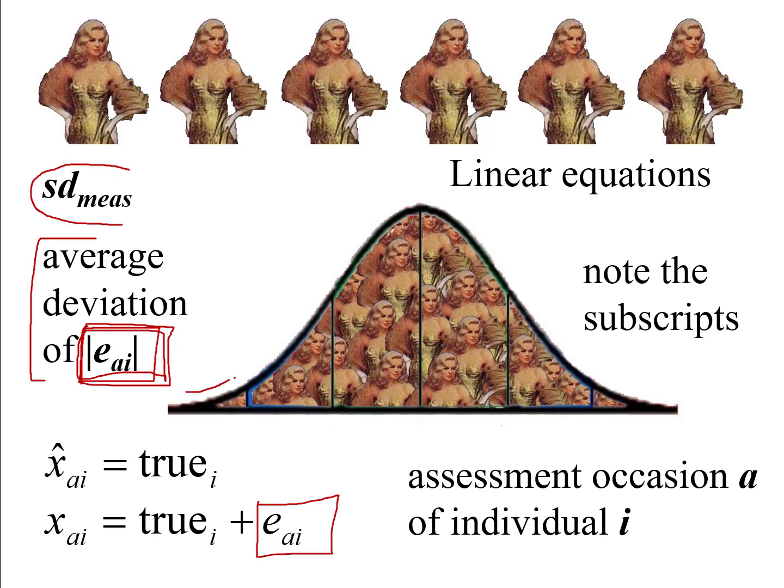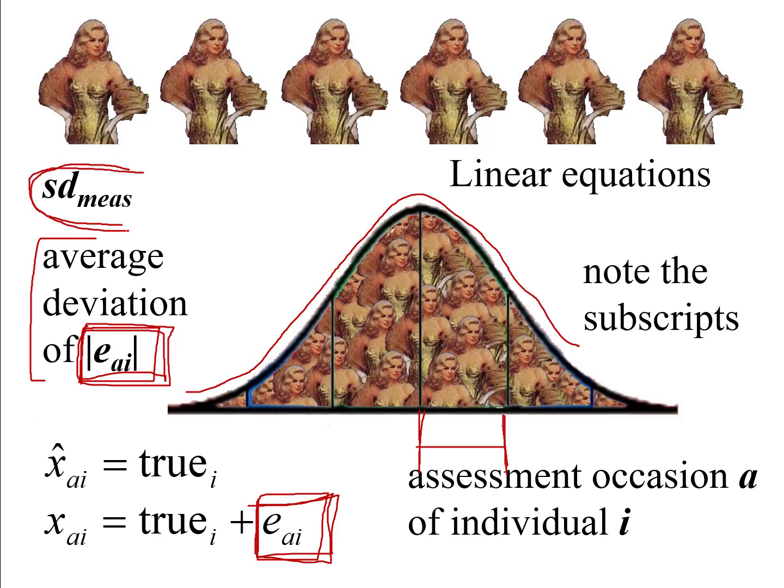That's what the standard deviation tells us. The standard deviation of this distribution tells us how far scores from assessment occasions typically deviate from a person's true score. That's the amount of error that we make. The amount of error is how far the score from the assessment occasion deviates from the true score, and the average amount of that absolute value of error is the standard deviation of that distribution.